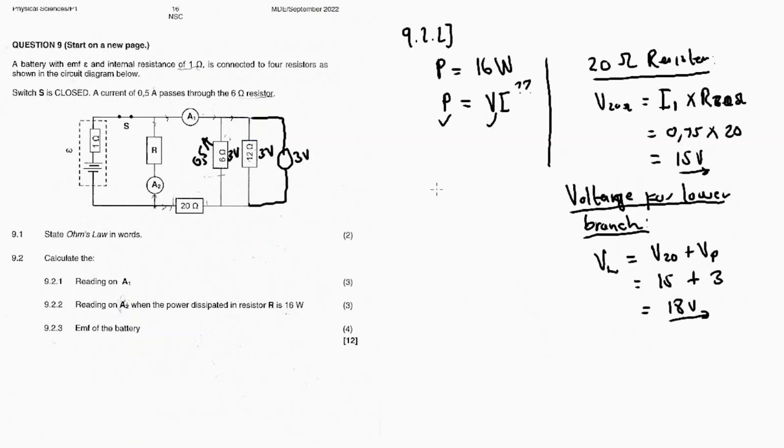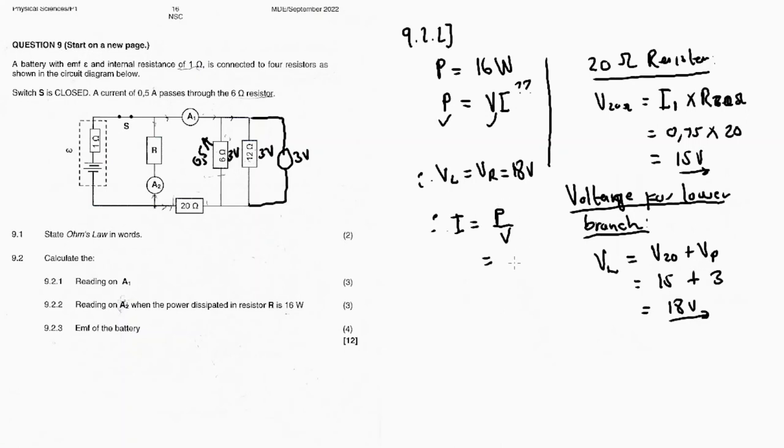Therefore, V for the lower branch is equal to V for the R resistor, which is 18 volts. Let's substitute: current is equal to power divided by V, making I the subject of the formula.